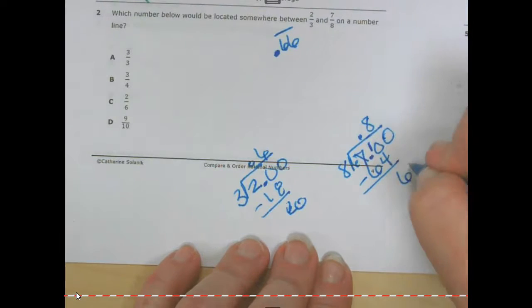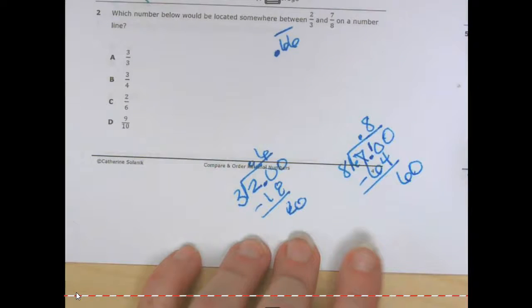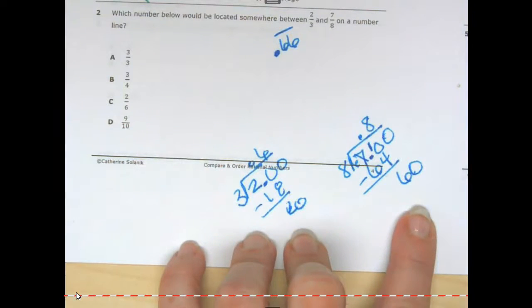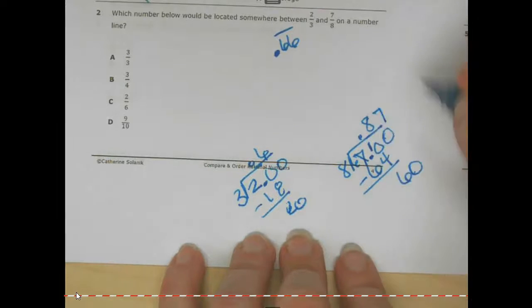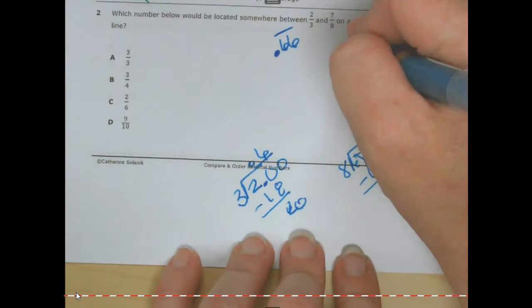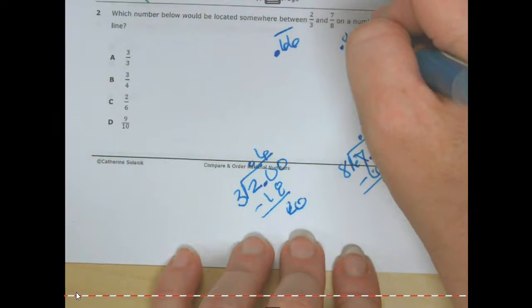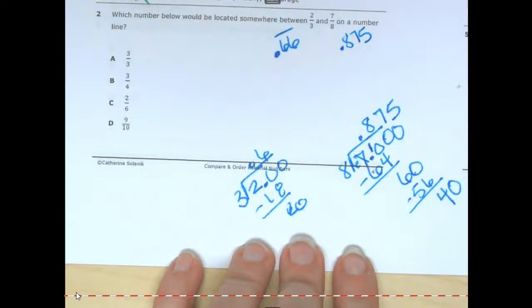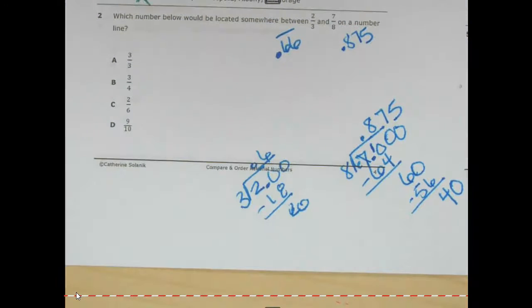I add a 0, bring it down. 8 will go into 60 7 times. 7 times 8 is 56. This is 4. I add another 0 and bring it down. And so this is 5. So it is 0.875. I need something that will go in between each one of these.